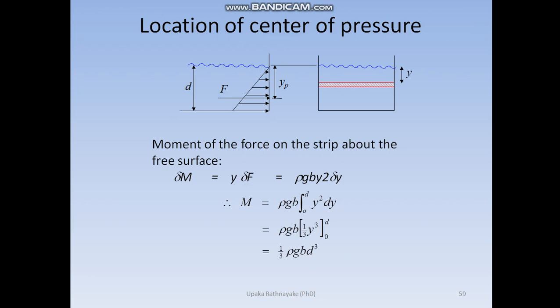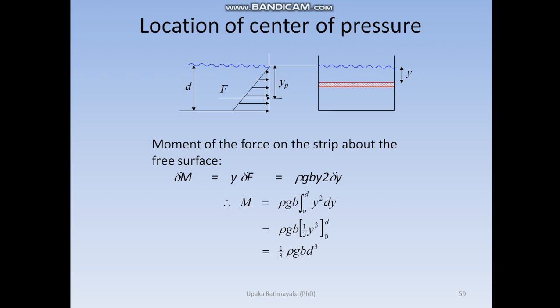Let us take the moment of our previous section delta A. Now the moment with respect to the free surface is delta M, that is equal to y delta F. So we can find the total moment by integration from 0 to D. That comes to rho g B integral of 0 to D y squared dy, and we end up with 1/3 of rho g B D cubed.